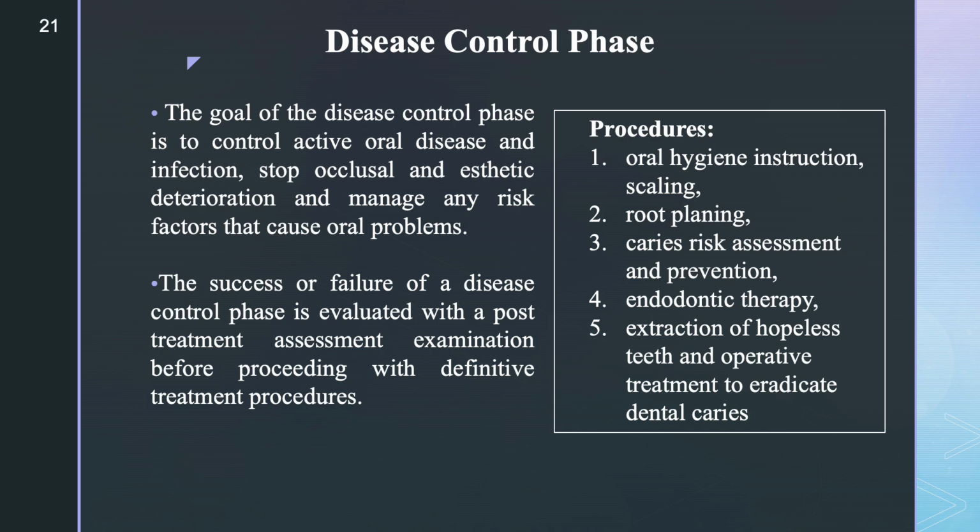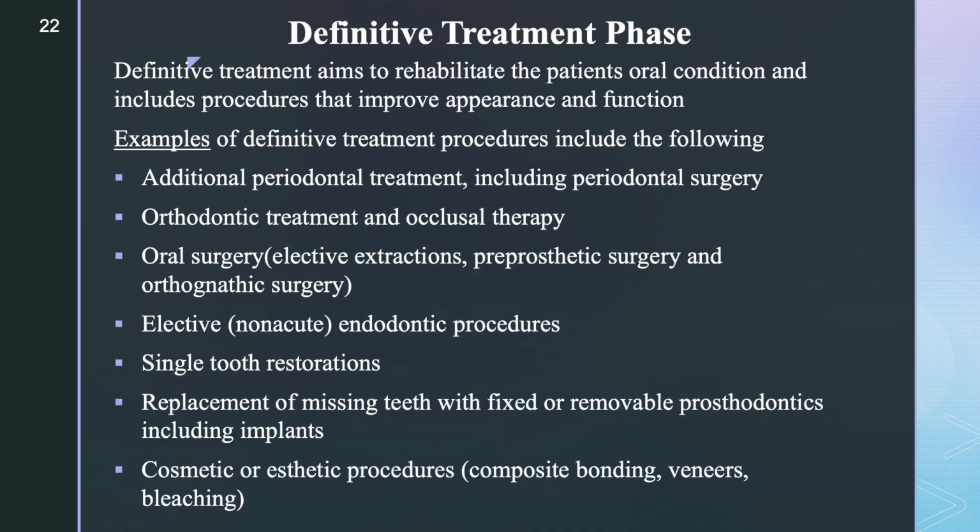Now that we have the disease in control, we can move over to a definitive prosthetic, orthodontic, or aesthetic rehabilitation, just to do the rehabilitation of the patient's oral conditions, and it includes procedures that improve the appearance and function.